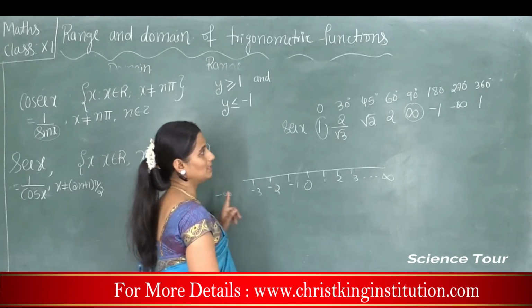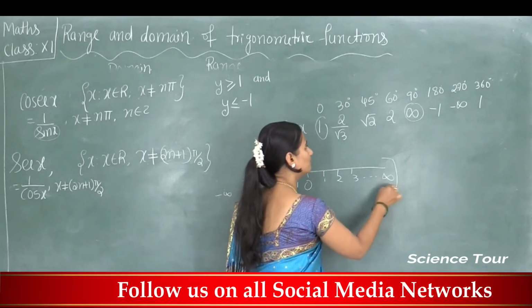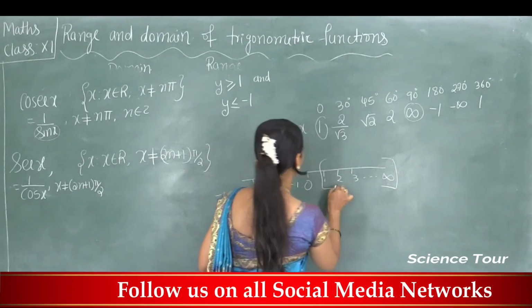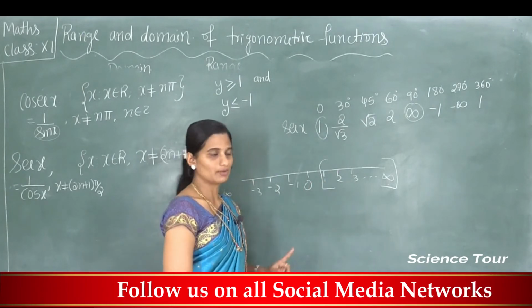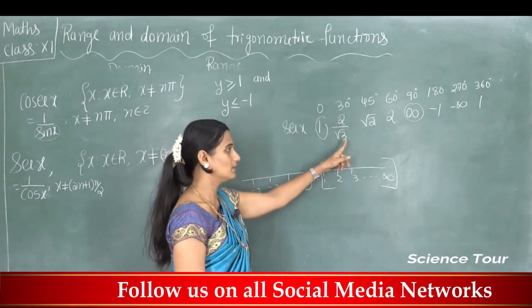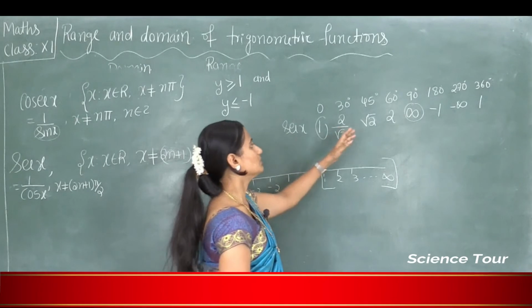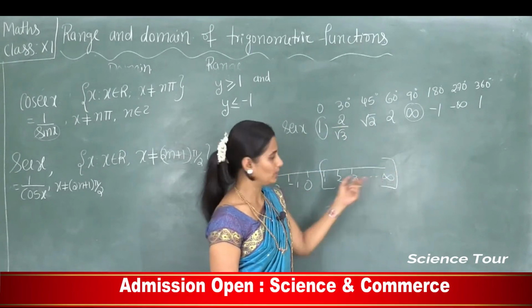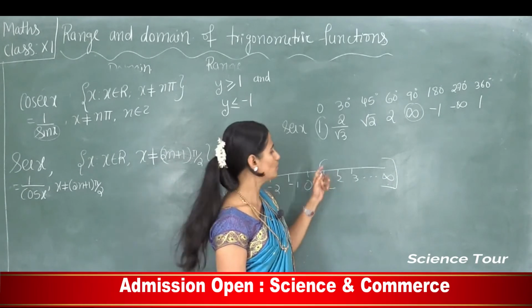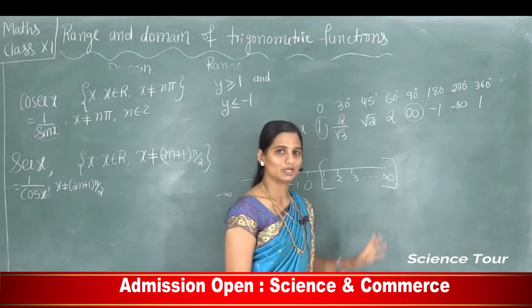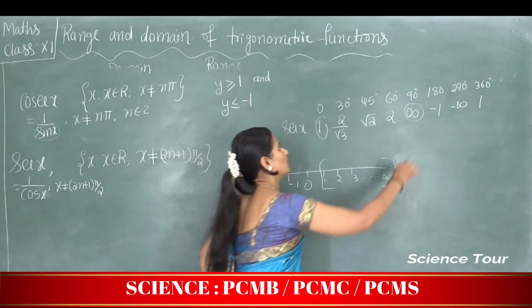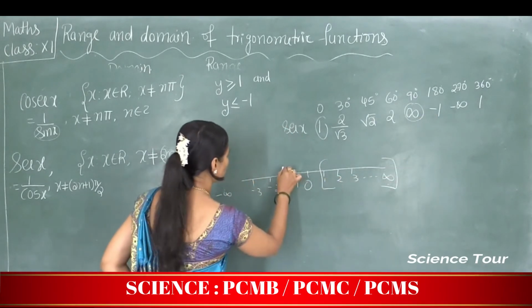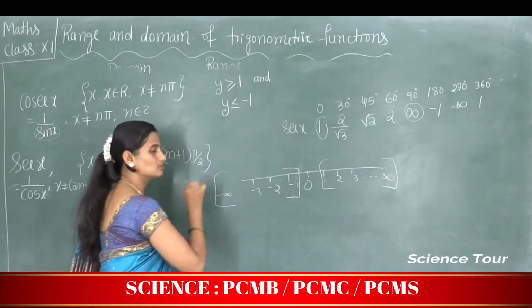Within this are some values, like 2 divided by root 2, some point, next root 2, which is 1.414. So it is 1 to infinity. Next, the minimum value is minus infinity, so minus 1 to minus infinity.